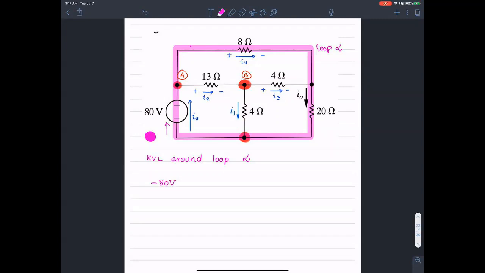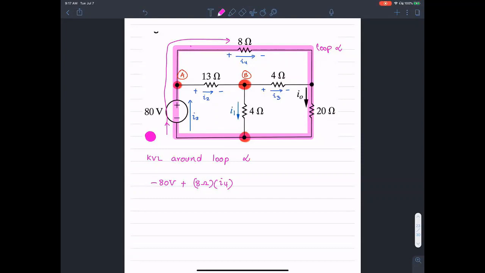Then we continue our journey, and we see a positive sign over there. So 8 ohms times I4. Remember Ohm's law: the voltage dropped across this resistance.